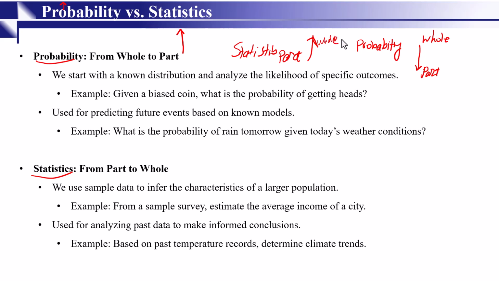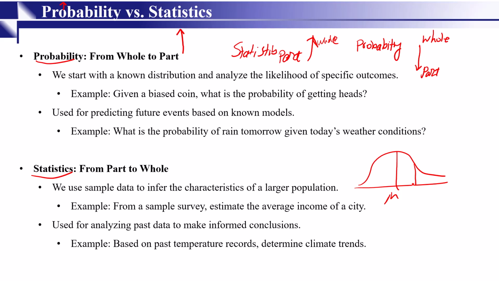It means we have, for example, a distribution of data, and we know the mu and the standard deviation, then we try to find out the probability. For example, we have a given bias of a coin in the case of discrete. What is the probability of getting heads? Or we can say, what is the probability of rain tomorrow given the two days' weather condition? Okay, we are going to predict the future.